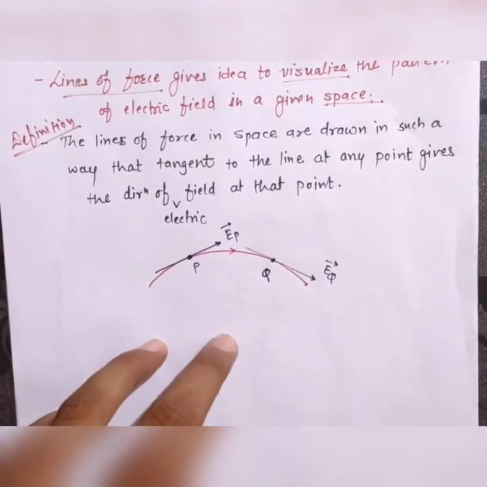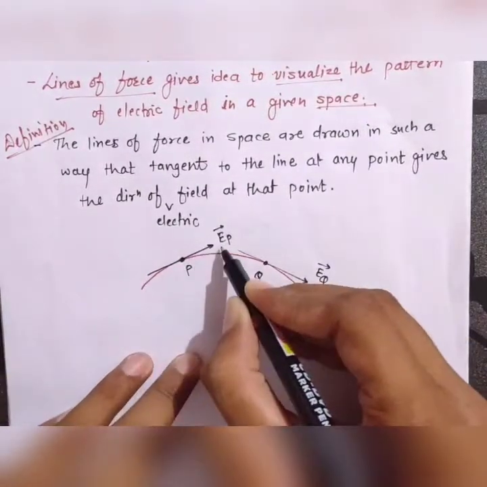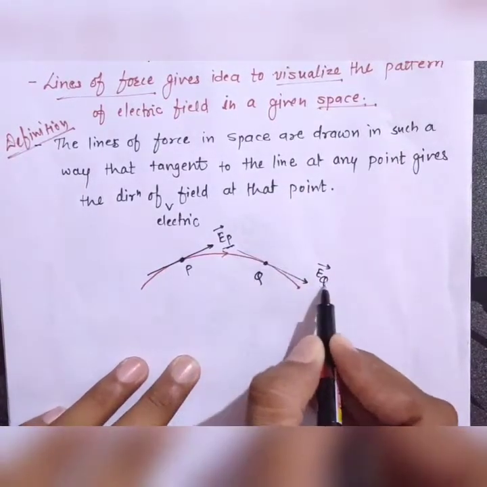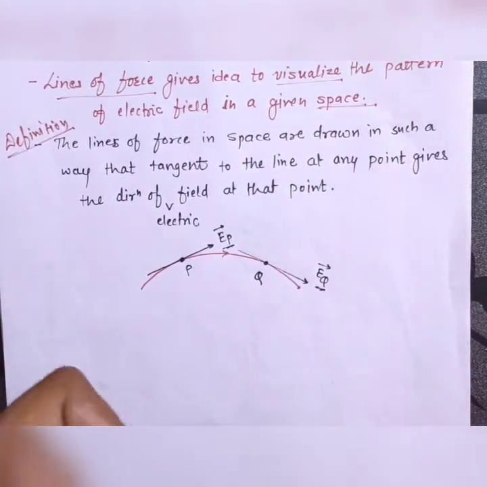This is the example. For point P, this is the direction of electric field at point P. For point Q, this is the direction of electric field at point Q.